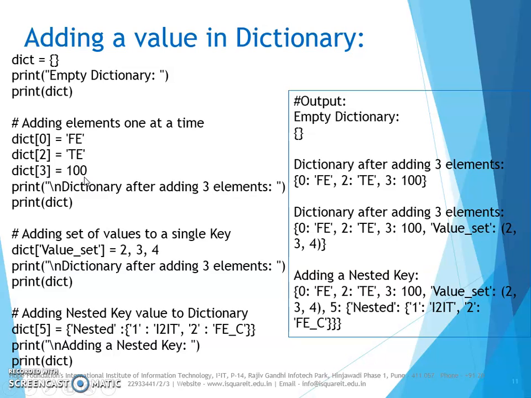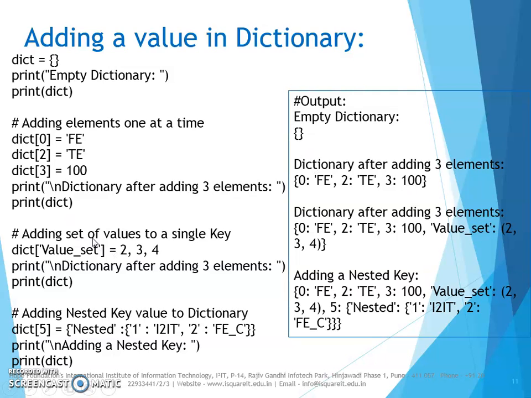After doing this, if you display the dict after adding these three elements, it will print 0: FE, 2: TE, and 3: 100. As these are string values, they are written in either single or double quotes, and as these are numbers, they are written without any quotes.